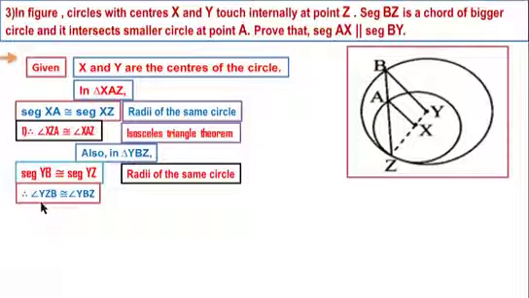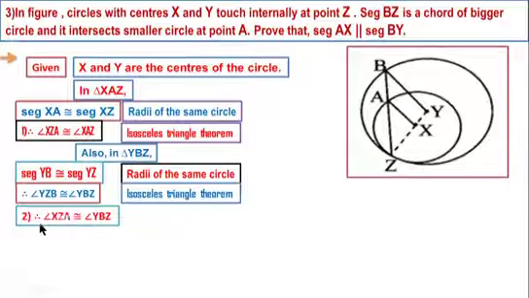Therefore, angle YZB is congruent to angle YBZ, isosceles triangle theorem. And therefore, statement number 2, angle XZA is congruent to angle YBZ.